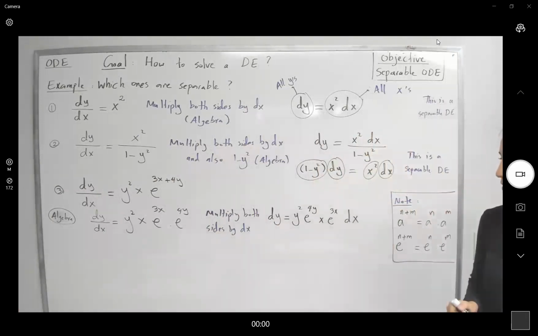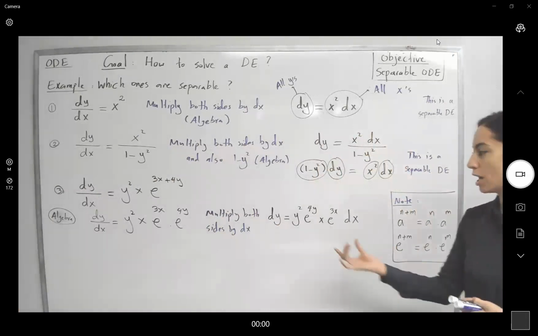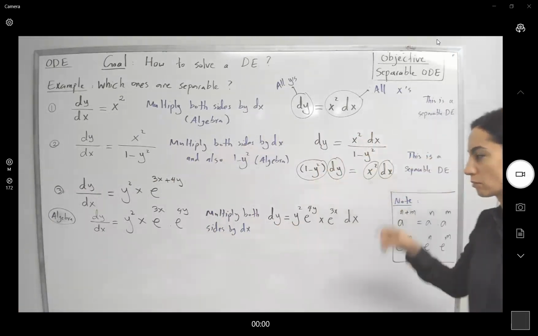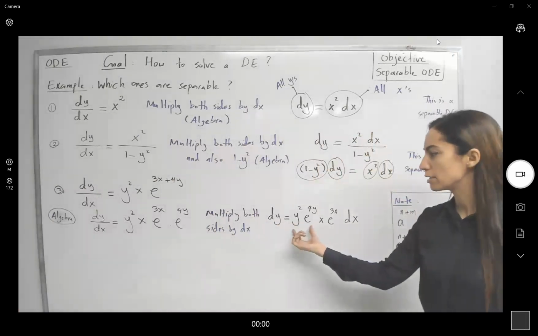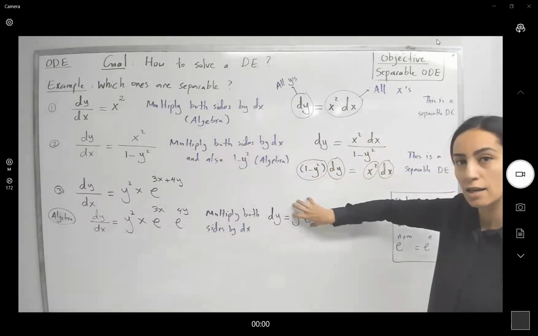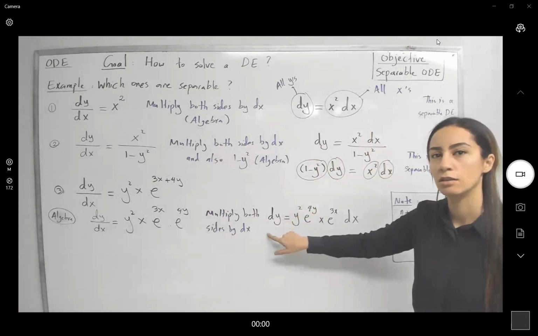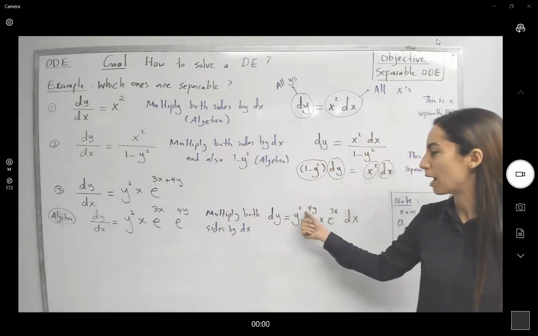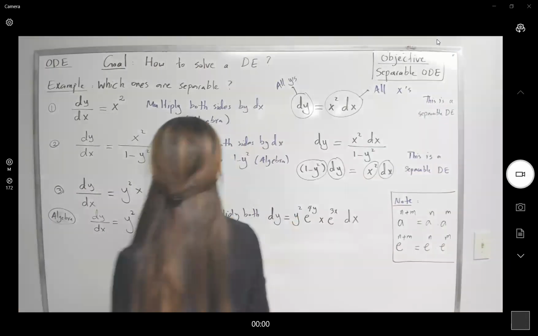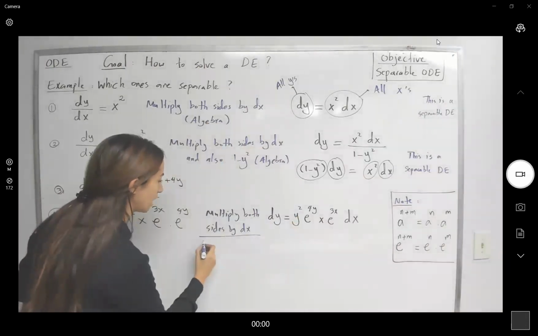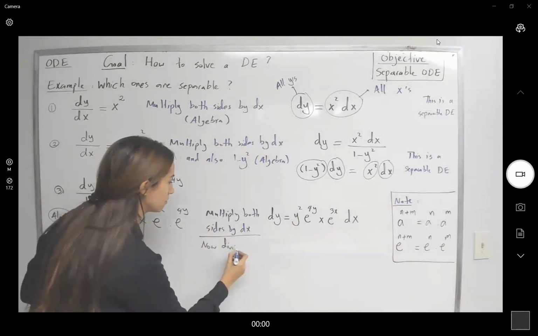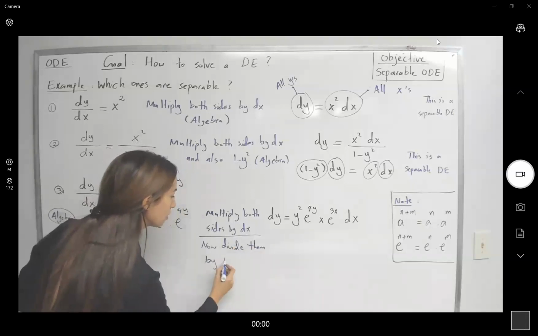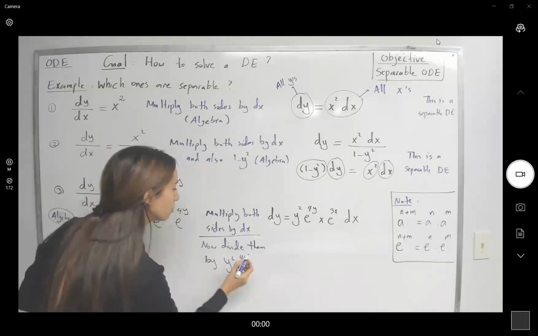Well, somehow I need to get rid of the function in y. I have y squared e to 4y. Somehow I want to take this and bring it to the left-hand side. From algebra, divide everything by y squared e to the power 4y.